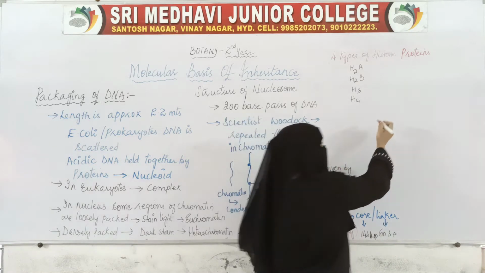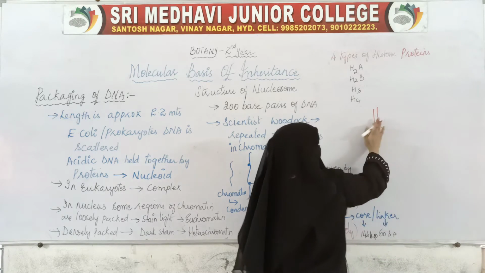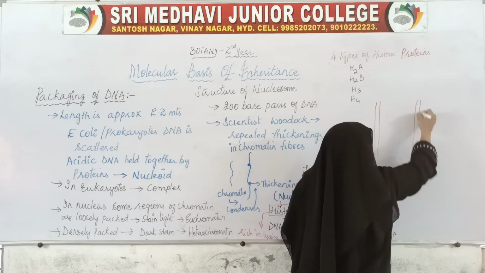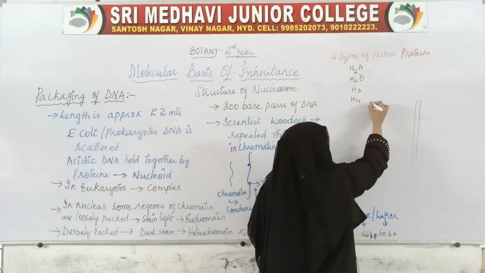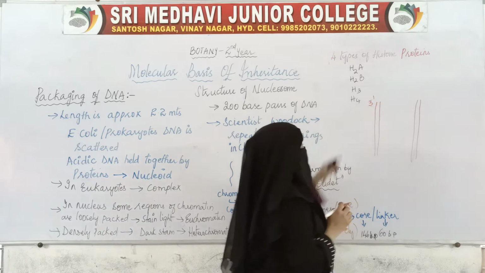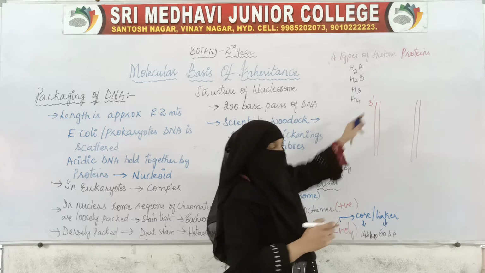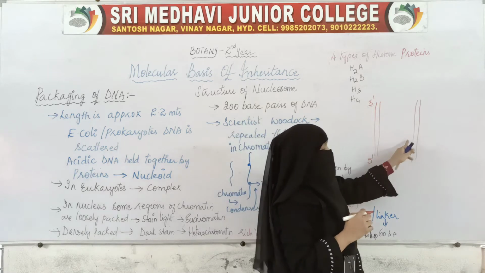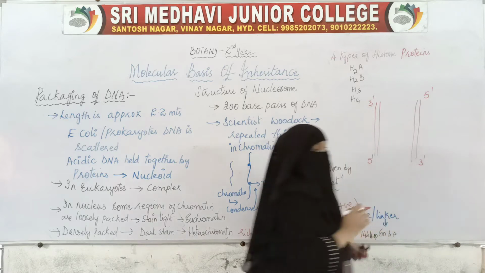Here it has two strands. DNA has two strands, and if I draw, this is one strand and this is another strand. If I take this strand, the third end will be free here, and the fifth end will be free here. And if we take this other strand, the fifth end will be free here and the third end will be free here.